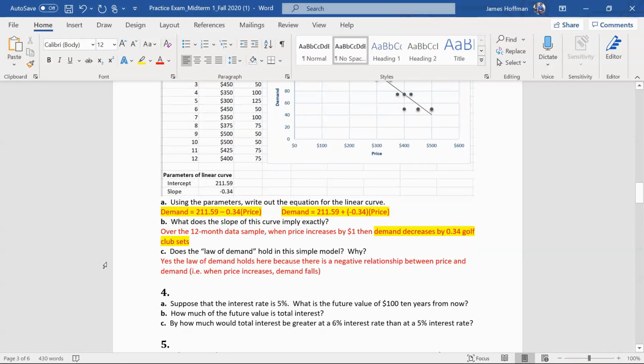So the law of demand holds because there's a negative relationship between price and demand. That means when price increases, demand falls, and vice versa.